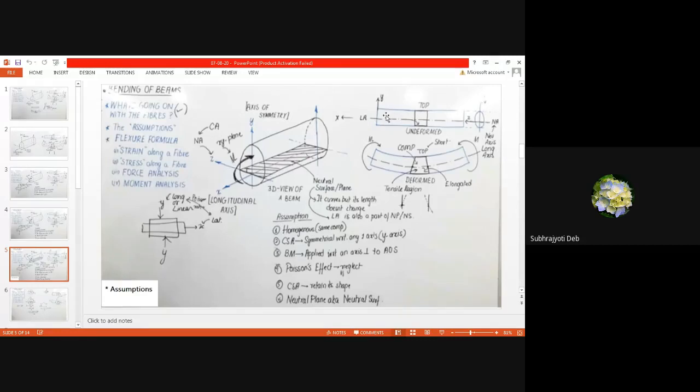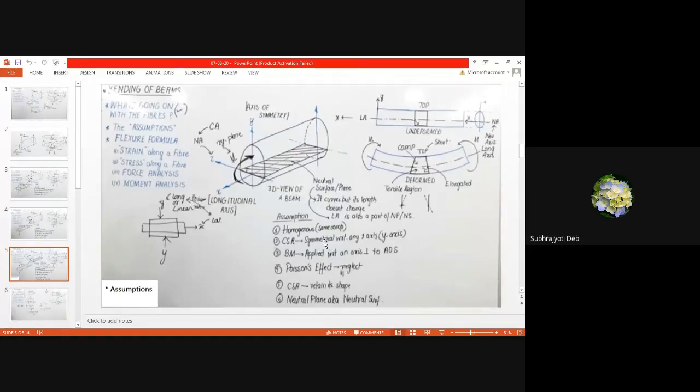In the top fiber it will be compression, and in the bottom fiber it will be tension. But in the neutral axis there will be no deformation. After deformation the neutral plane will be curved, but the total length will be the same. It may be straight or curved, but the total length will be the same.